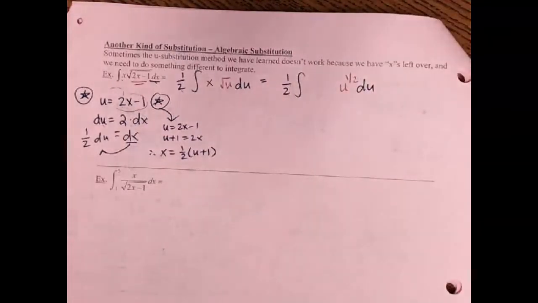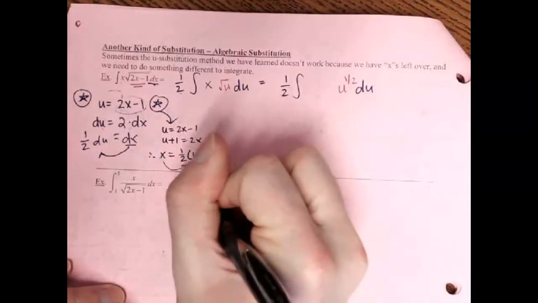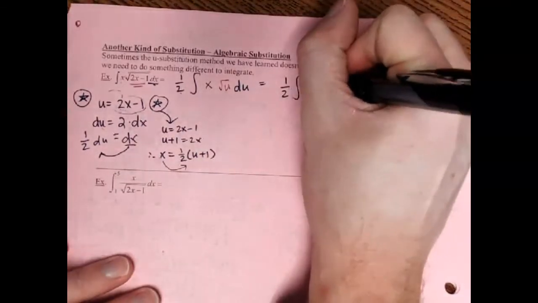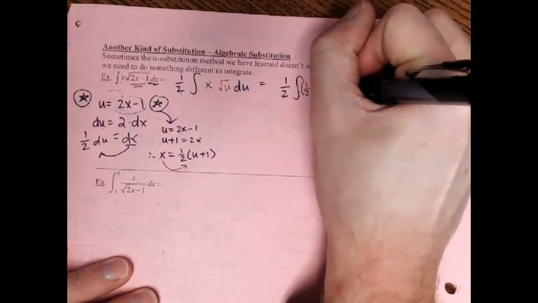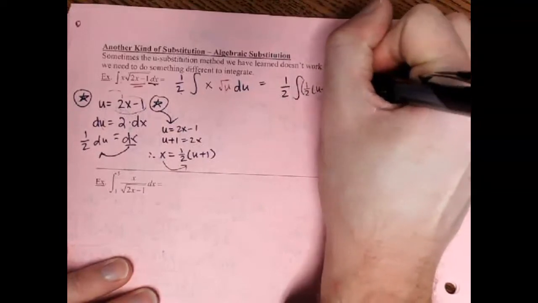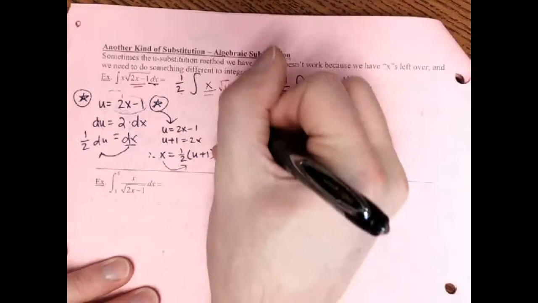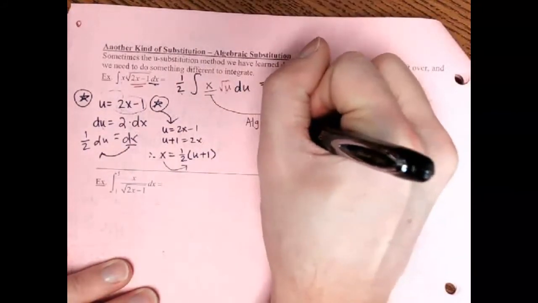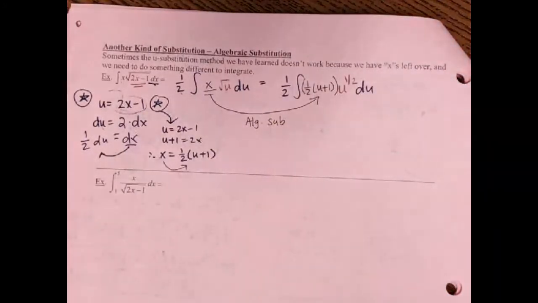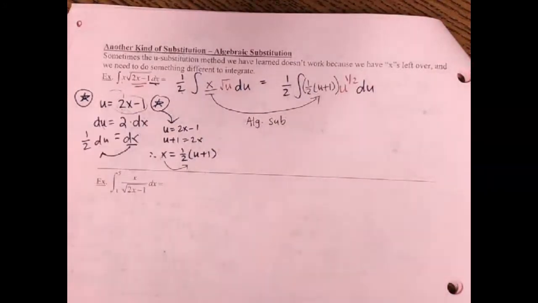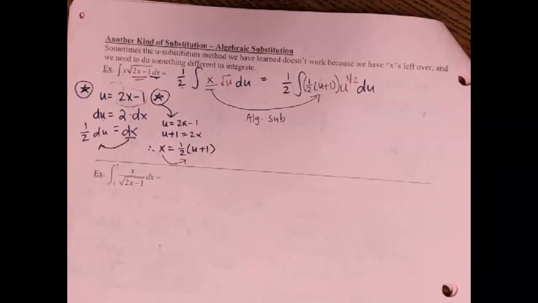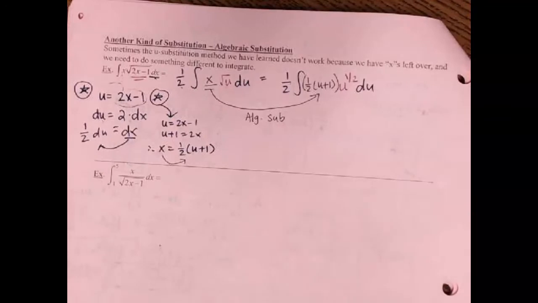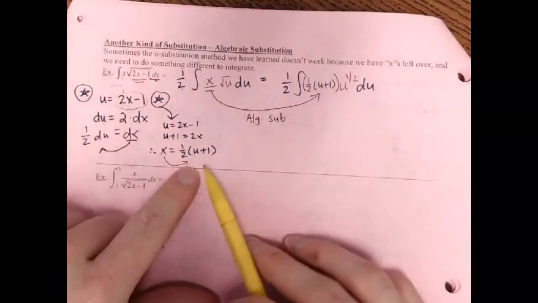But now, instead of having that extra x, I could change it and have 1/2 of u plus 1. So here, that extra x, we could get rid of it by doing an algebraic substitution. You just have to figure out, if 2x minus 1 is equal to u, what would 1x be equal to? If I had that extra oddball x just hanging out, how would I get rid of it? Well, just take that equation, solve it for x, and then plug it in.